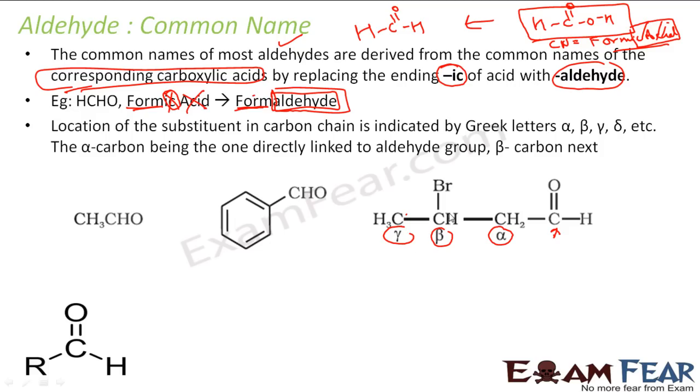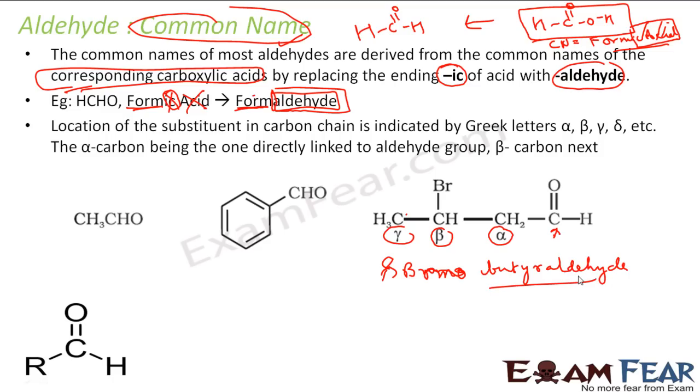So in this case, the common name, to be specific, will be: at beta I have a bromo, so it will be beta-bromo, and with but, this is butyraldehyde. Please note this is the common name of this compound.